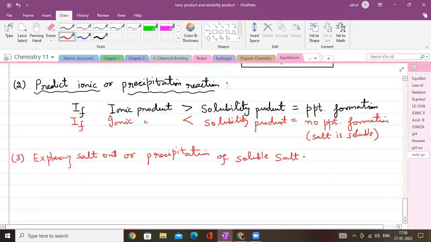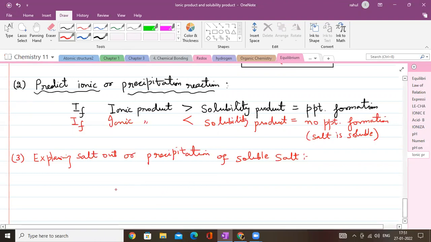This is the third application, right? I will just give you an example. On passing hydrogen chloride, HCl, through a saturated sodium chloride solution, the concentration of chloride ion will be increased. That increases the ionic product of sodium chloride and the salt will be precipitated out.